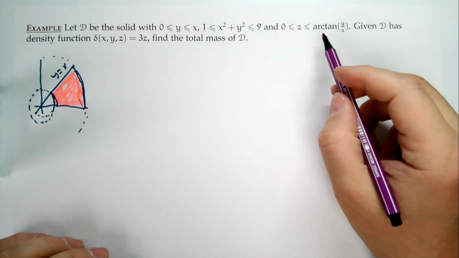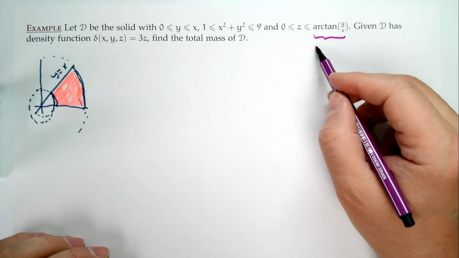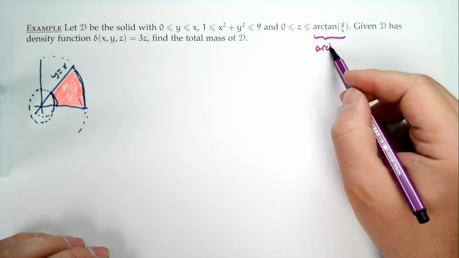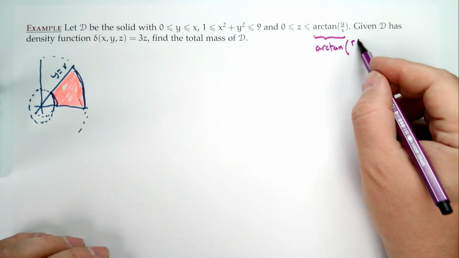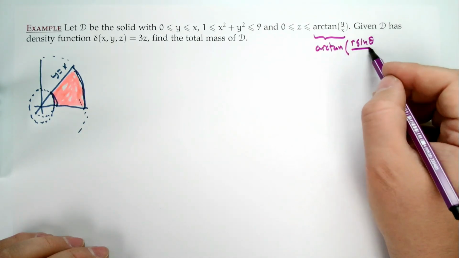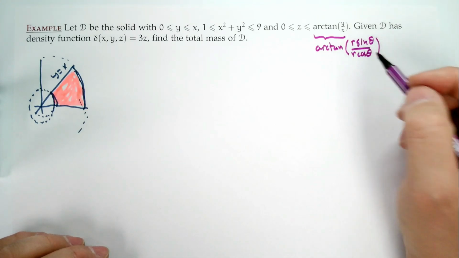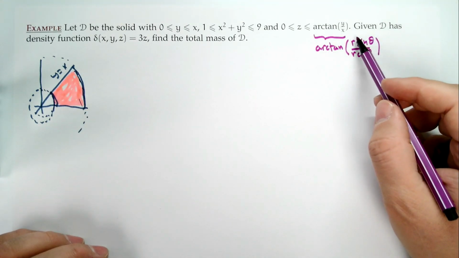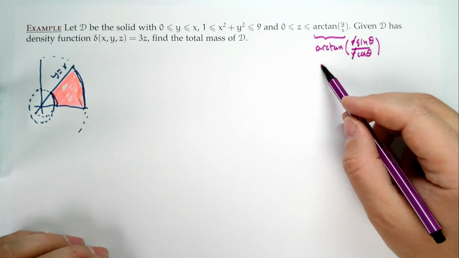So let's think about what this would become in cylindrical. So here we could say, well, that's arctangent of y becomes r sine theta, and x is r cosine theta. Now, if we stare at this, we don't have to stare very long, the r's cancel. Sine over cosine is tangent.